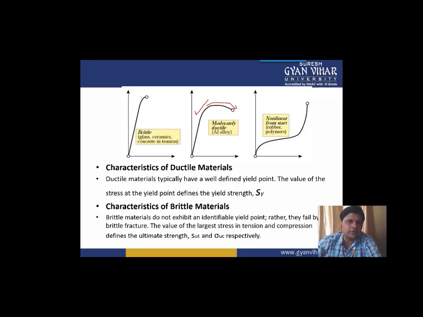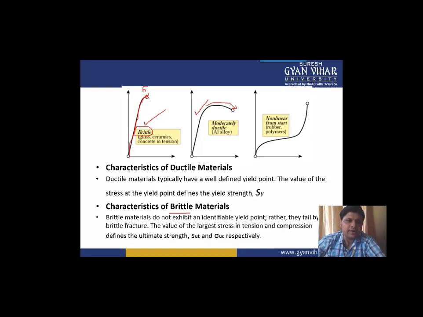But in the case of brittle materials, you will get a graph like this, where strain increases proportionally with respect to stress, and after a certain point the material breaks into two pieces. This is the failure point or fracture point, and there are no yield points. Got the point? There is no yielding in the case of brittle materials.